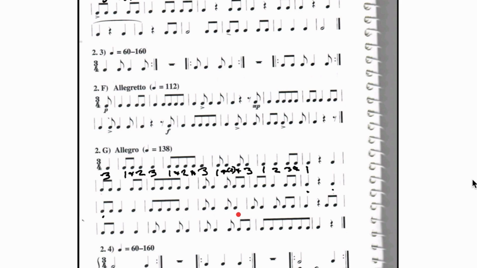Syncopation, 1 and 3, 1 and 3 and 1. 3 and 1 and 2, 3, 1 and 3, 1 and 3 and 1 and 2 and 3 and 1.